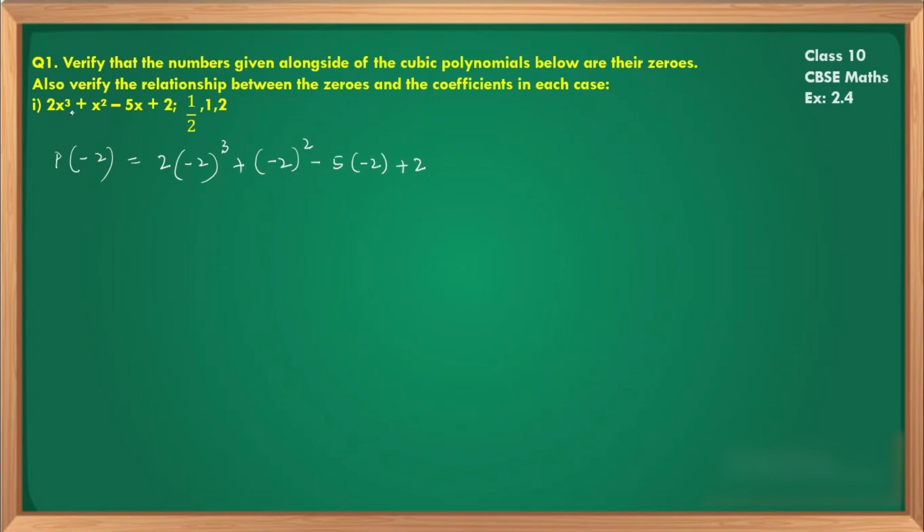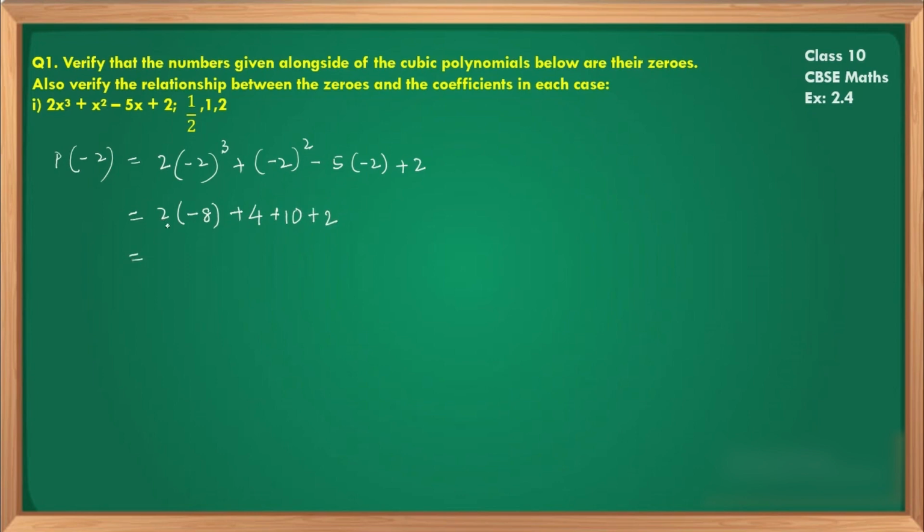Wherever we have x in this polynomial, we have put minus 2, which is one of the given zeros. Now this will be equal to 2 into minus 2 into minus 2 into minus 2, which gives you minus 8, plus minus 2 into minus 2 is plus 4, minus into minus is plus, 5 into 2 is 10, finally plus 2.